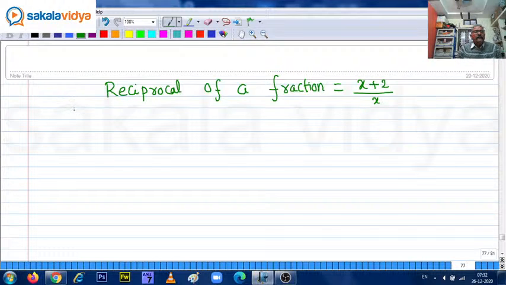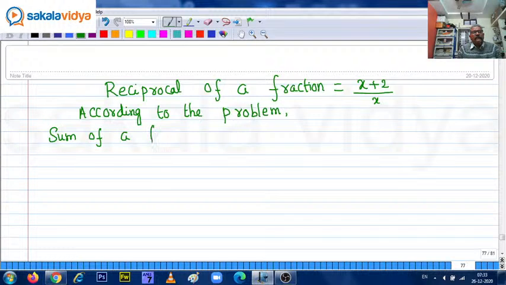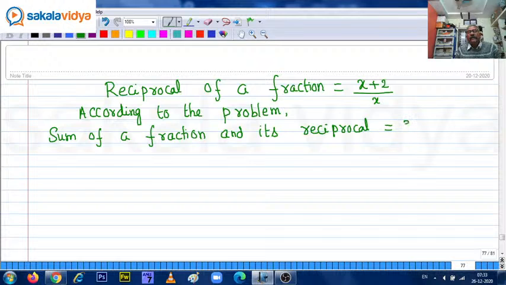So according to the problem, the sum of a fraction and its reciprocal is equal to how much is given? 34 upon 15.